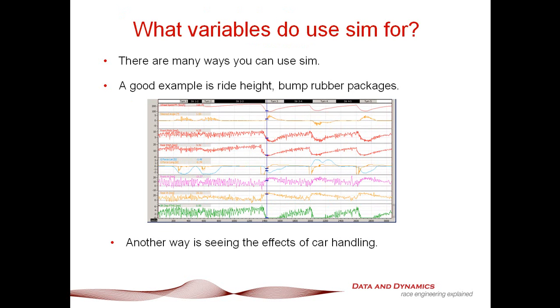A really good case that I've illustrated here is to refine your ride height and bump rubber packages. Here we've got our front pitch, our rear pitch, our front ride height, our rear ride height, and we can look at what our bump rubber displacement is doing, so we can really nail down where we want our bump rubbers to engage.